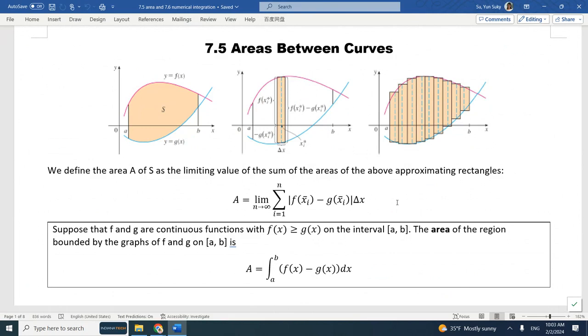For each rectangle, the width is dx. The height is f of x minus g of x. That's why we get the formula: integral, x goes from a to b, the height f of x minus g of x, the width dx.